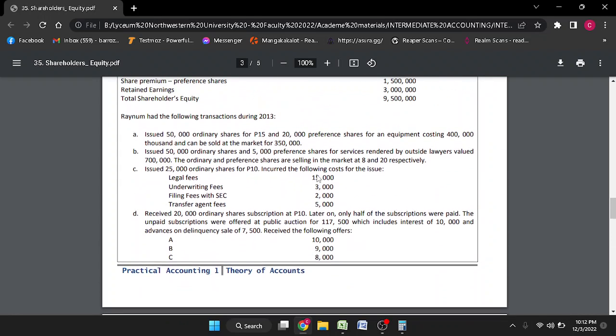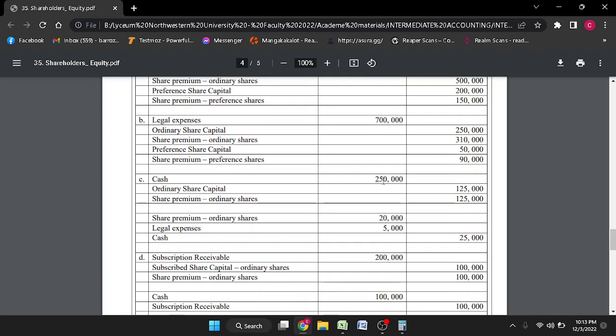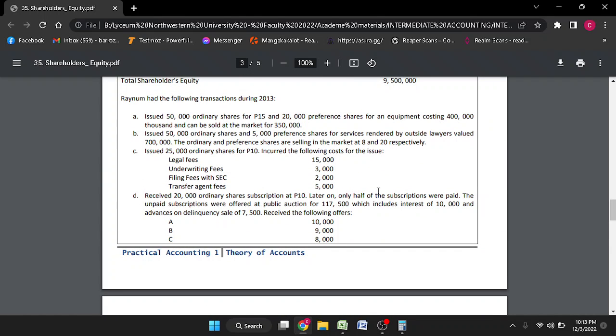So we receive 250,000, 25,000 shares times 10. So here, 250, and then for the par value, 25,000 times 5, and the excess would be allocated to the share premium. And here, the company paid for this, the total amount is 25,000.